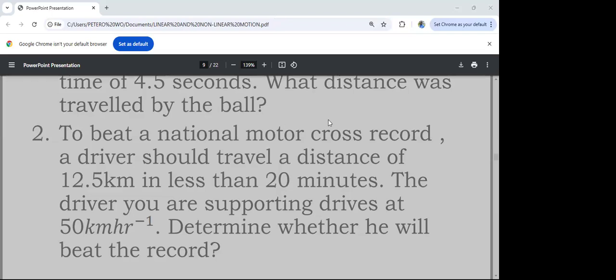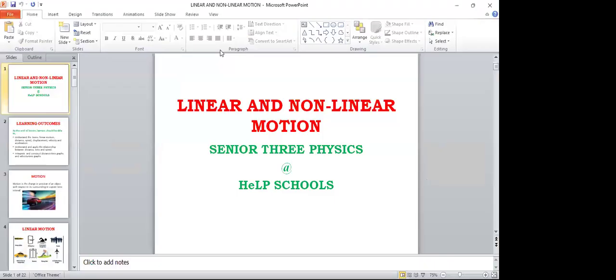Okay. We are going to first draw the triangle. And since we are finding time, of which time is equal to distance divided by speed, the distance is 12.5 kilometers and the speed is 50 kilometers per hour.